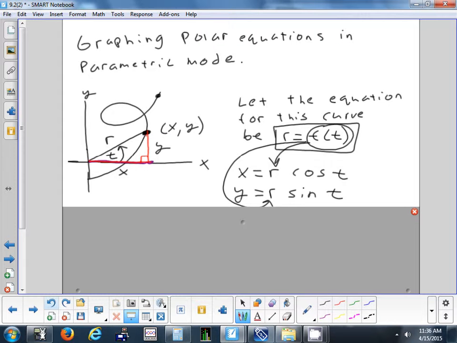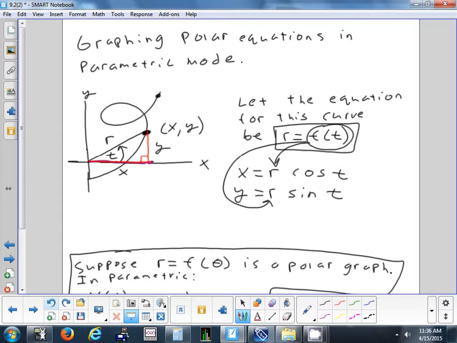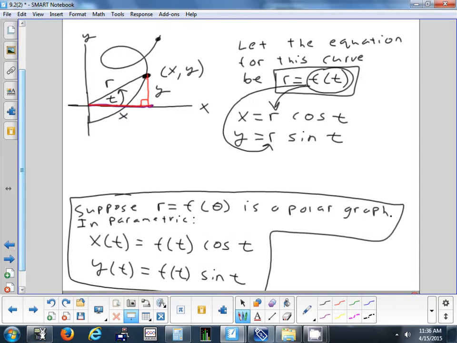Okay, so you just fill in those two things, and that basically gives us our equations to write it in parametric. So to find your x component, take the function that they give you. It will be in terms of theta. First thing I'm going to do is change theta to a t. Literally, erase theta, write t, because we're going parametric.